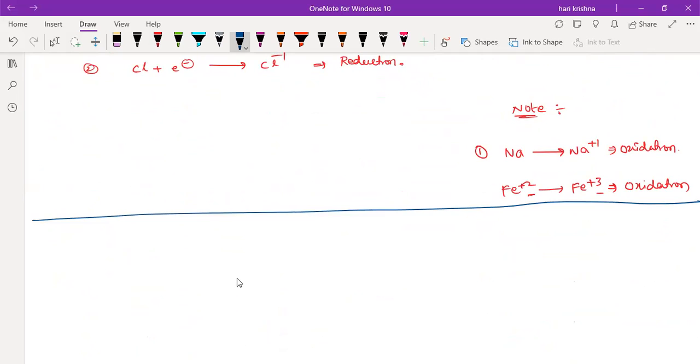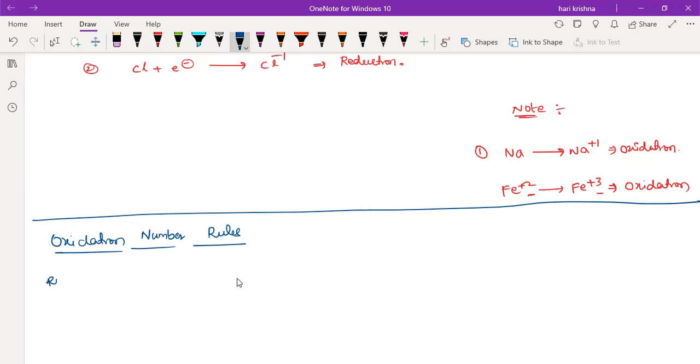So next we are going to learn the oxidation number rules. How to find this oxidation number actually? Just wait a minute.